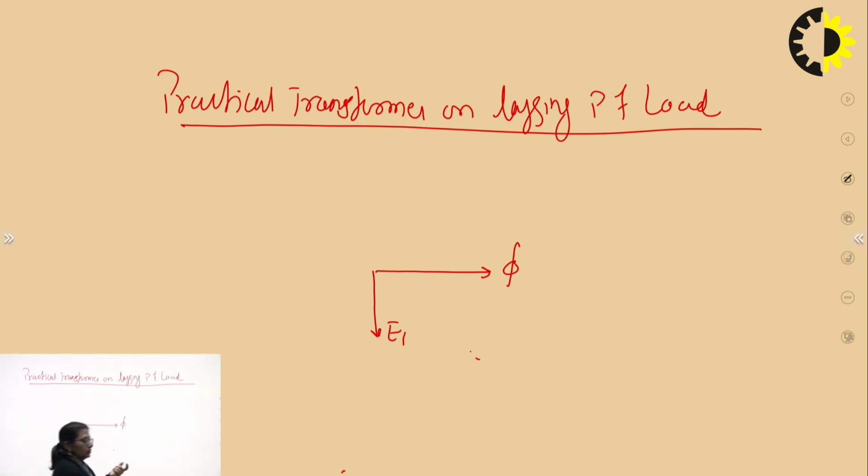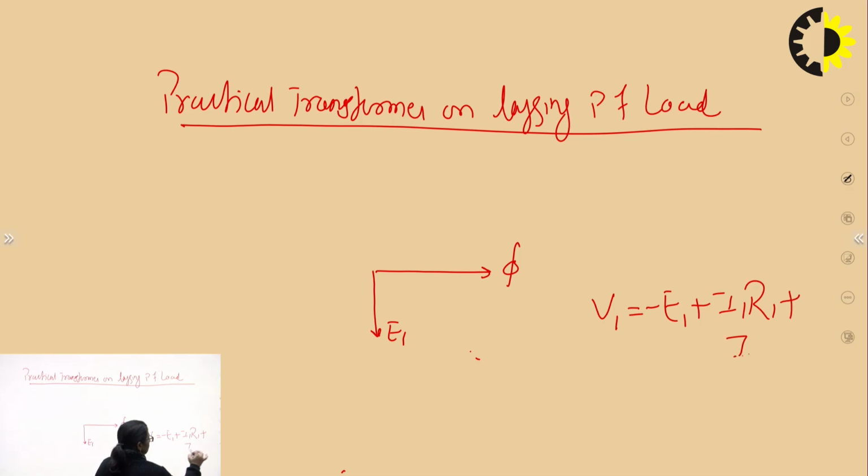So what is the relationship between V1 and E1? Now V1 is equal to minus of E1 plus the drop occurring in the resistance and the reactance. So V1 must be equal to minus of E1 plus I1R1 plus I1X1. To have this V1, first I should have minus of E1. Let's plot this. Where is minus of E1? Opposite to this. Okay.